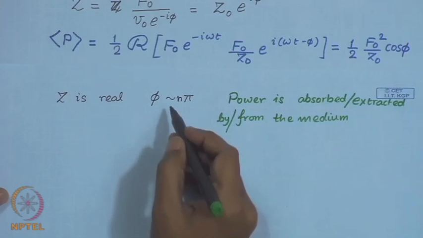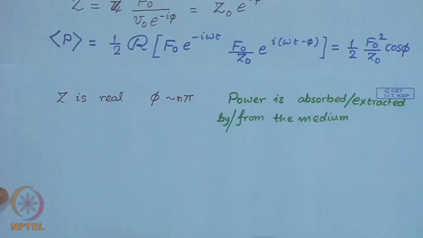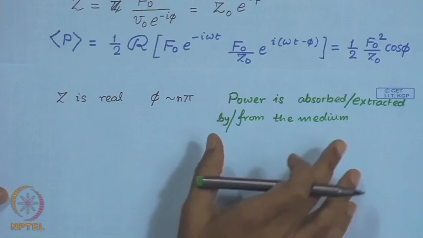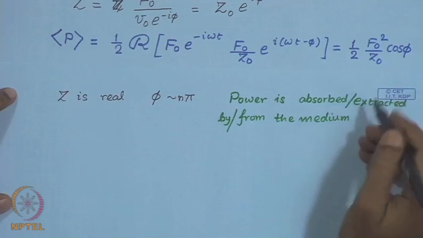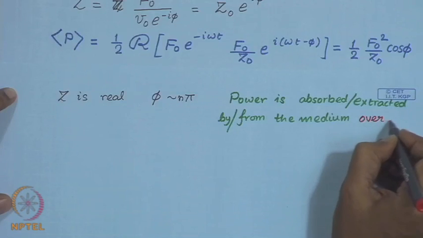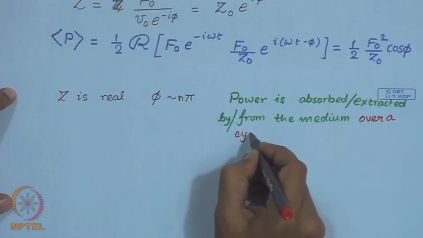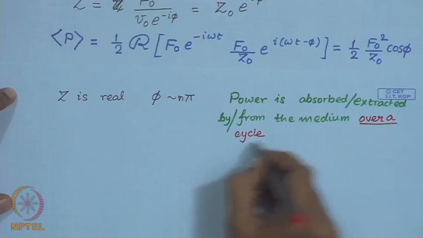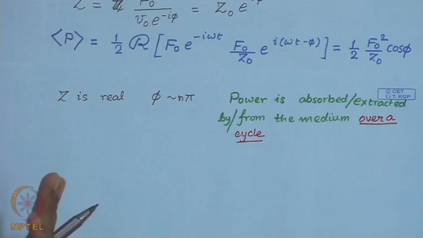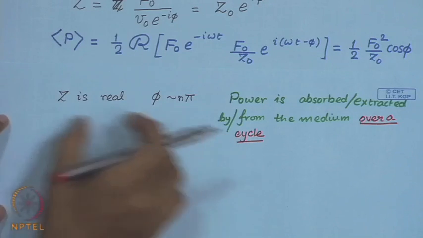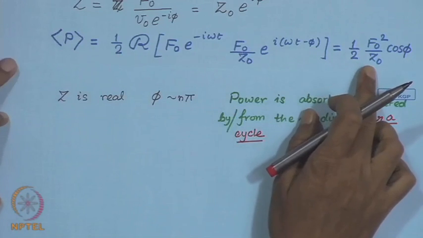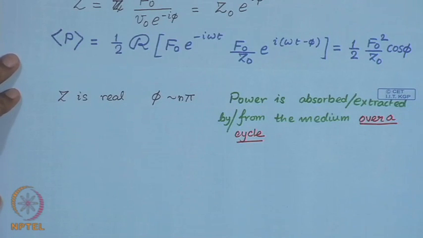When it is pi, then power is extracted from the medium. This is on an average over a cycle. This is important, over a cycle. So, in parts of the cycle it may be absorbed, and in other parts it may be extracted, but the overall thing is given by here. So, this is over a cycle.